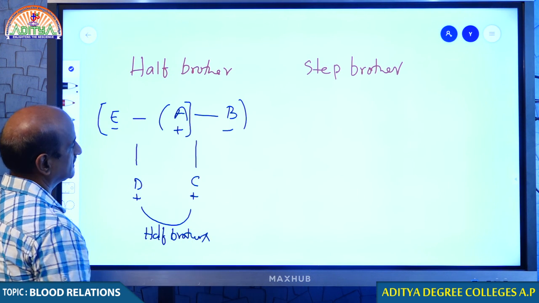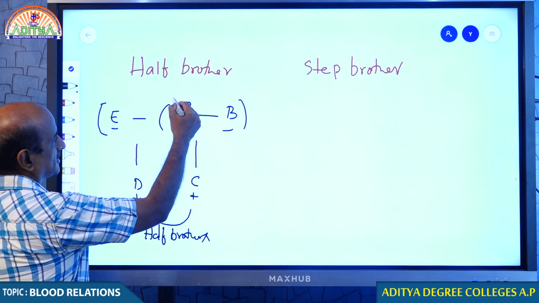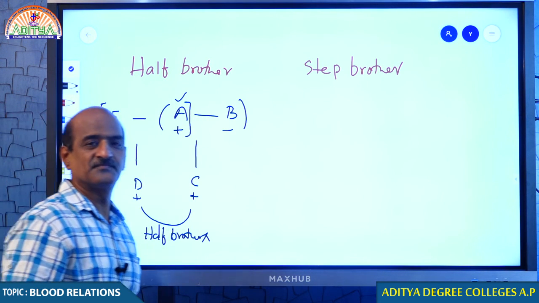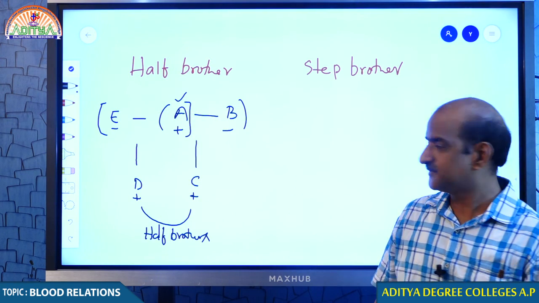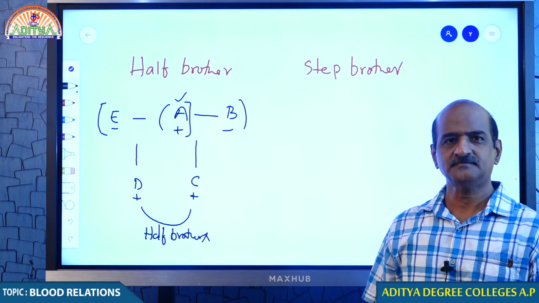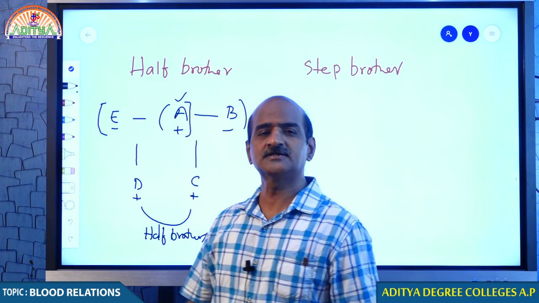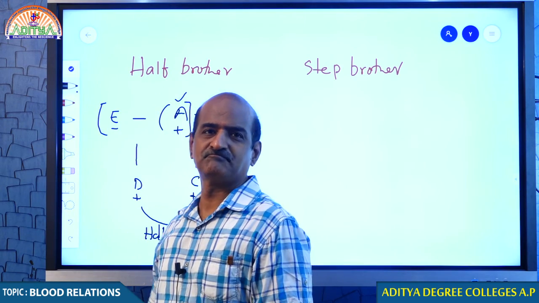You know how they are half brothers? Because for C and D, one parent is common. Who is that? A. C calls A father, D calls A father. Their mothers are different, but their fathers are same.